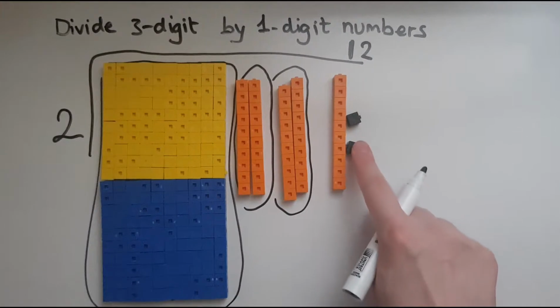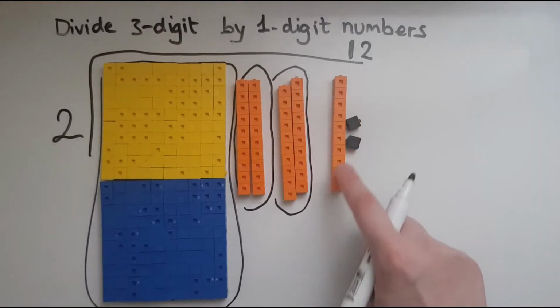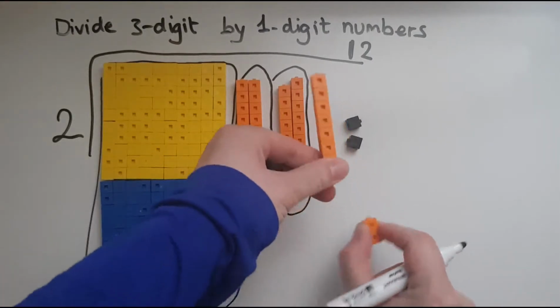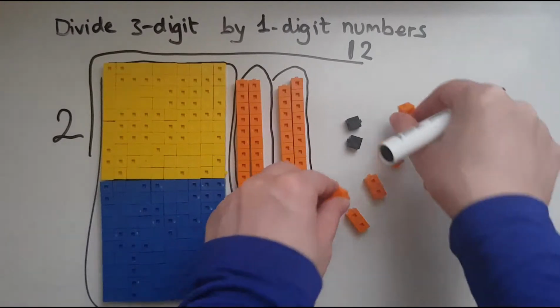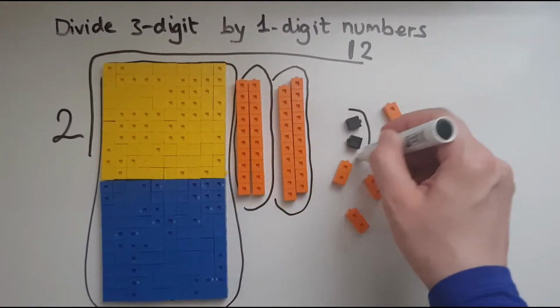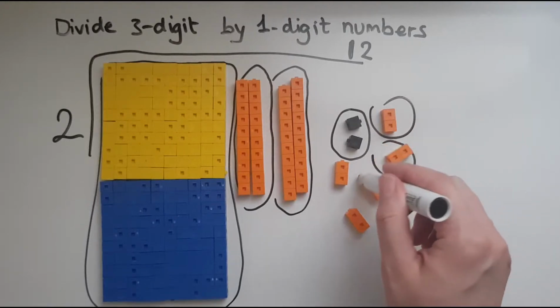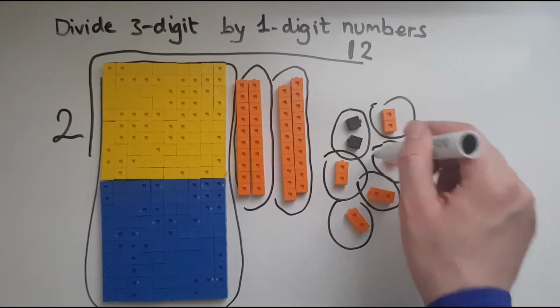So I'll transfer that to the units. So now that has become 10 and 2, 12. So how many 2's fit into 12? If you try and break it down, we get 1, 2, 3, 4, 5, 6, exactly 6 of them.